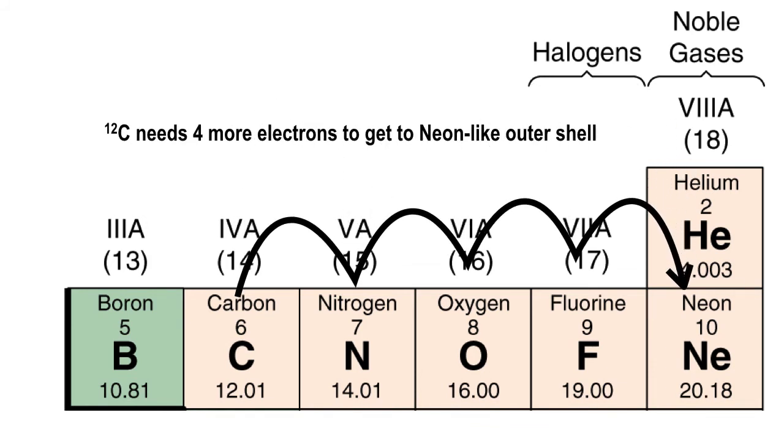All right, so I made this curvy arrow to bump 4 units over, 1, 2, 3, 4 to neon. So carbon, yeah, carbon can do that. If carbon can grab another 4, then it's going to be happy as the proverbial clam.